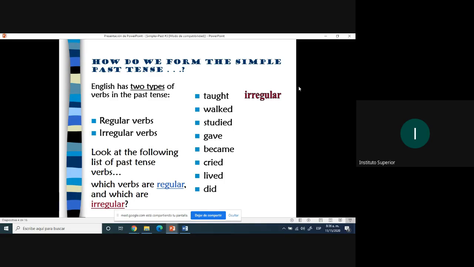Ania tells us that this is an irregular verb. We say yes, it is. Now we look into the second word, the word walked. Is it an irregular or regular verb?